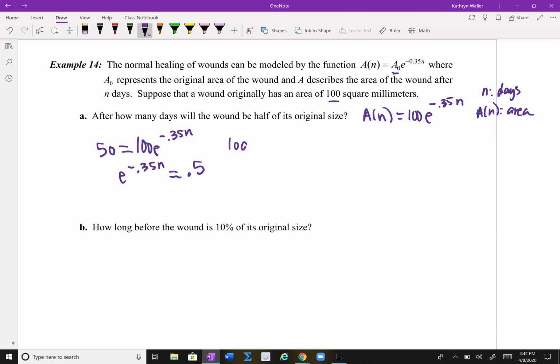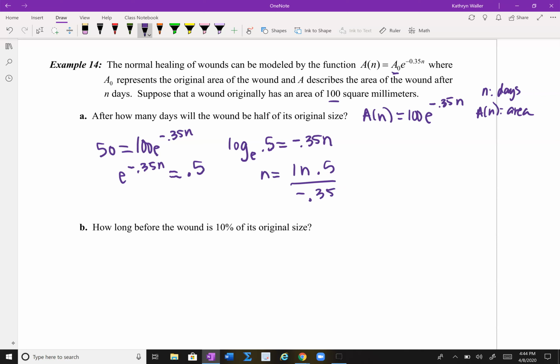So it's going to be log base e of 0.5 is negative 0.35 n. You guys know log base e is ln, so you can write it as log base e or ln, it doesn't matter. To get the n alone, divide by negative 0.35. So it's going to be n equals ln 0.5 divided by negative 0.35.